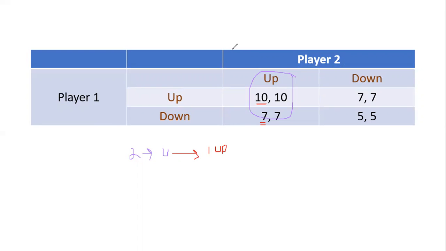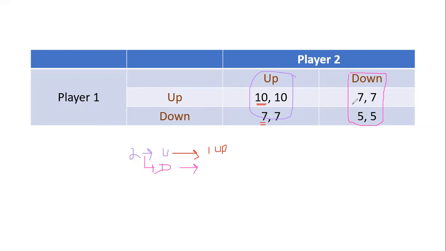Now let's see if this strategy is also optimal if player 2 plays the other option. That is, now we check if player 2 plays down. So if player 2 plays down, again player 1 has two choices to make.